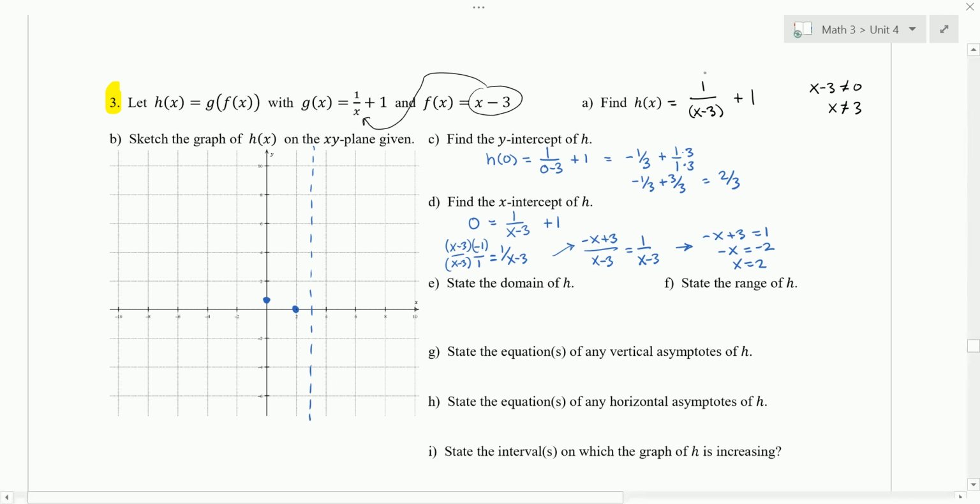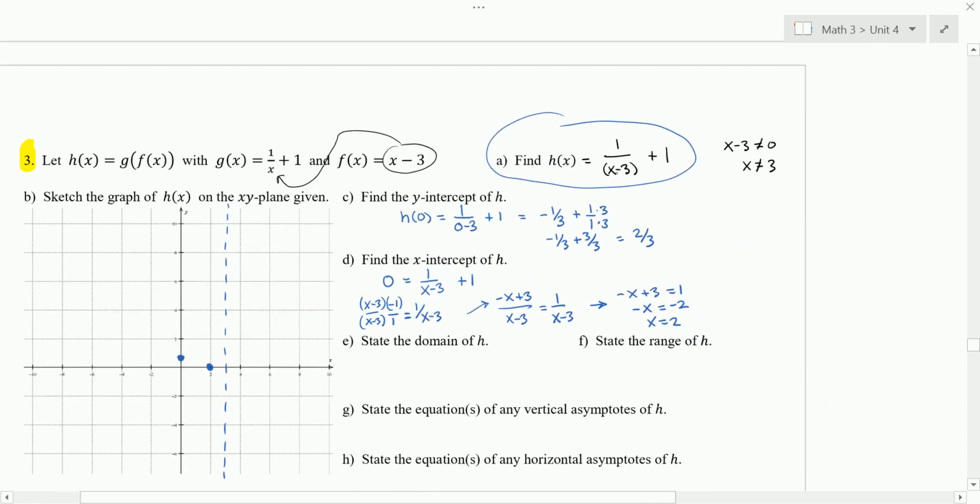Looking at our translation, so h of x, notice that minus 3 translates our parent graph to the right 3, and that plus 1 translates our parent graph up 1.